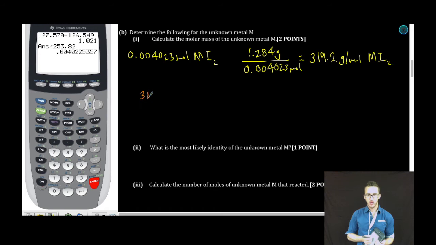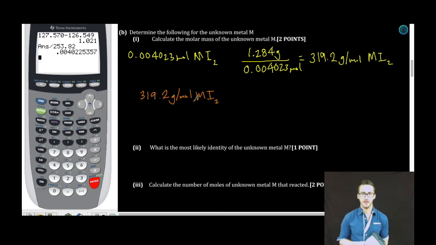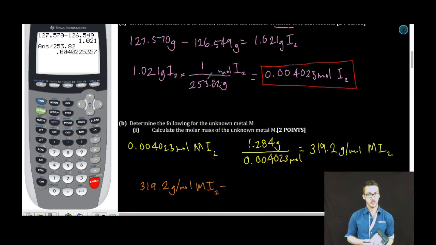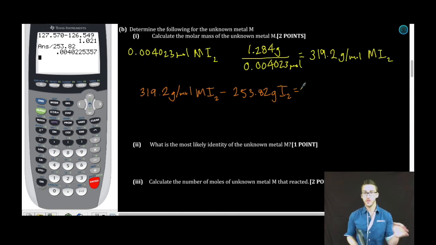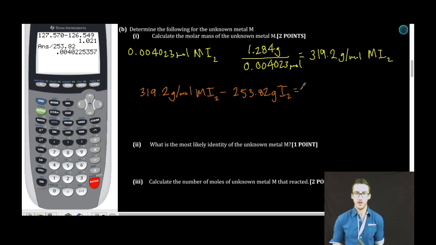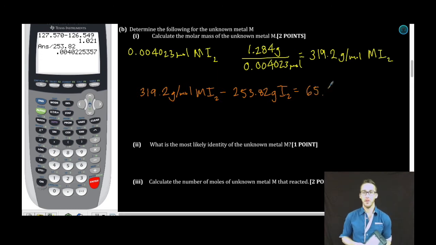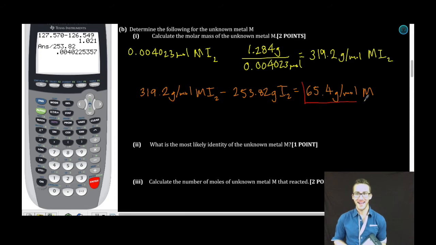If I take that molar mass, we know that the compound is made up of 1 mole of our unknown metal M and 2 moles of iodine. So if I simply subtract the molar mass of 2 moles of iodine, which is 253.82 grams, I can deduce the molar mass of my unknown metal M is 65.4. Molar mass of unknown metal M.